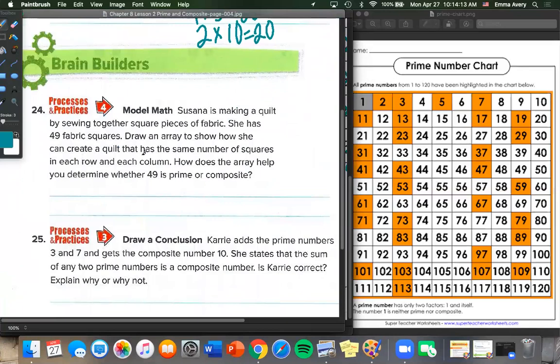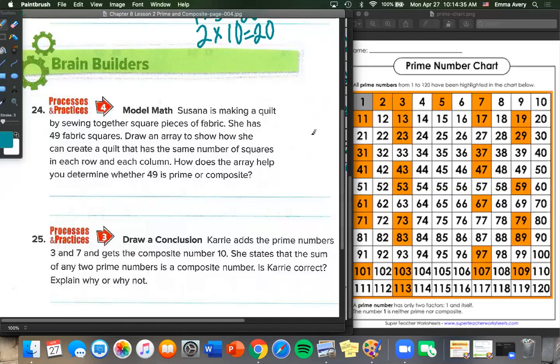Number 24. Susanna is making a quilt by sewing together pieces of fabric. She has 49 fabric squares. Draw an array to show how she can create a quilt that has the same number of squares in each row and each column. How does the array help you determine whether or not 49 is prime or composite?